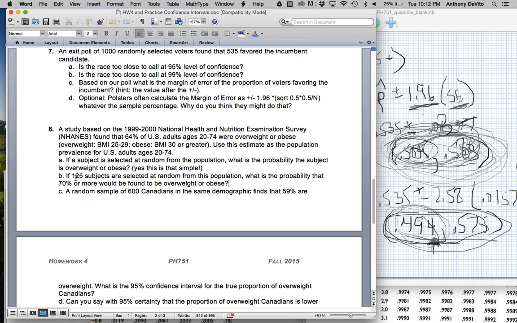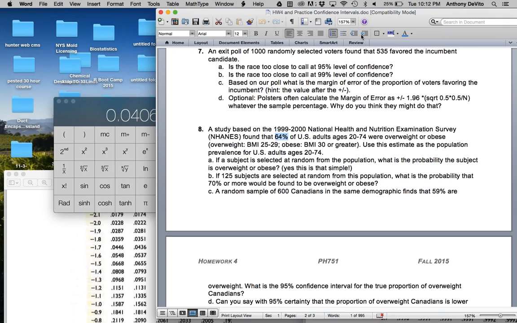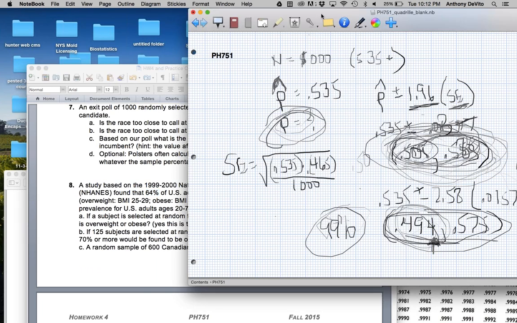Well, how are we going to solve that? That's a sample of size 125, and we know that the population proportion is 0.64. So we can use 0.64, since we know that's the population proportion, to calculate a standard error.